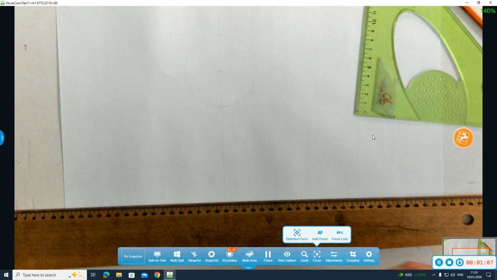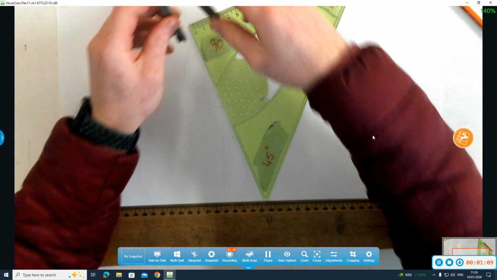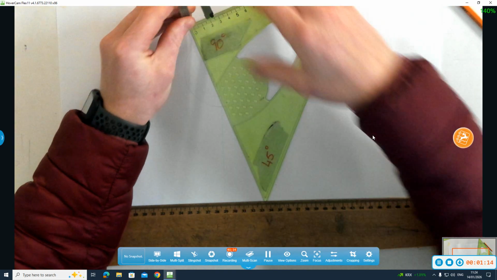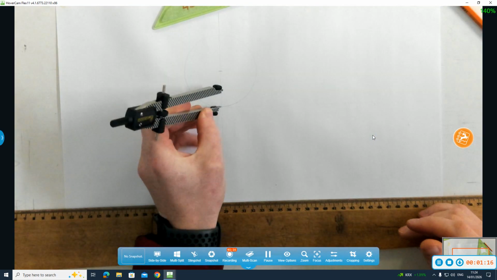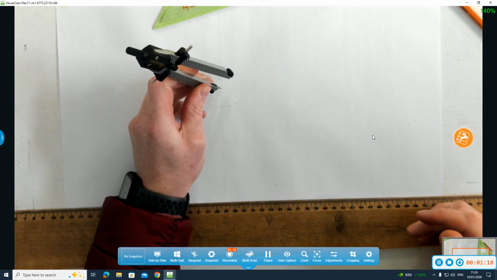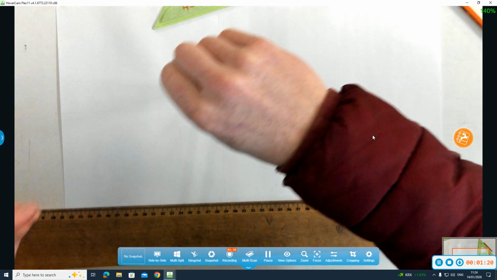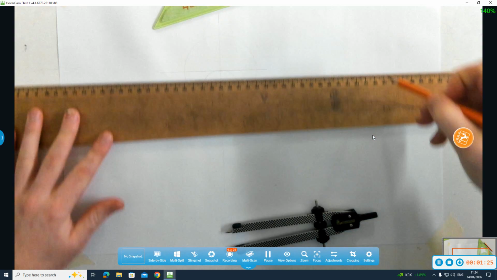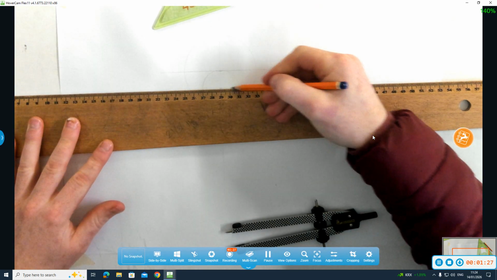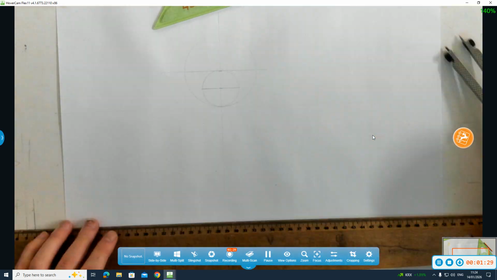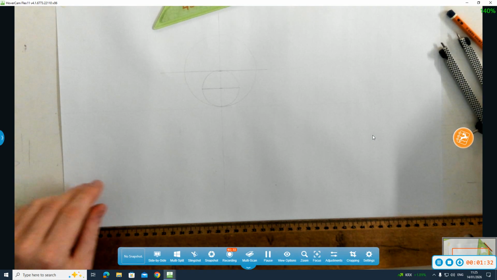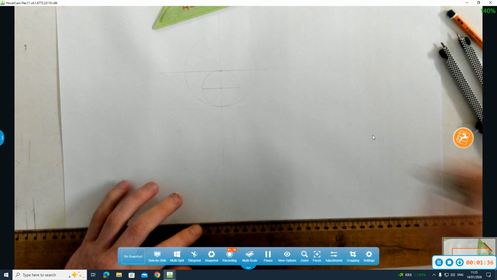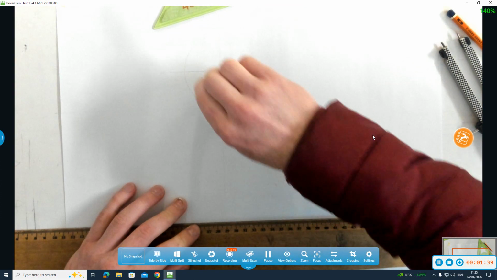And our smaller one then is a diameter of 40, which is a radius of 20. I'm just going to draw my center line here across, and my center line for my smaller circle. So in elevation, that smaller circle then is dotted, because it's behind the basketball.